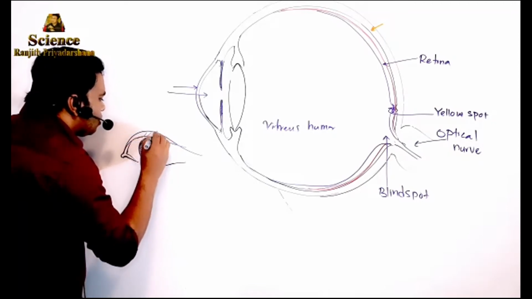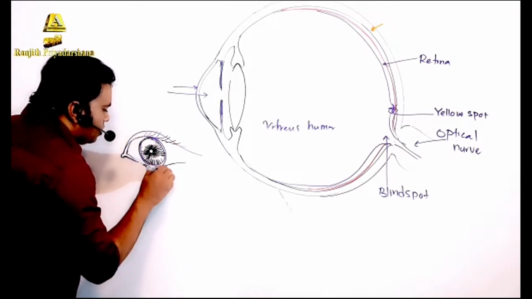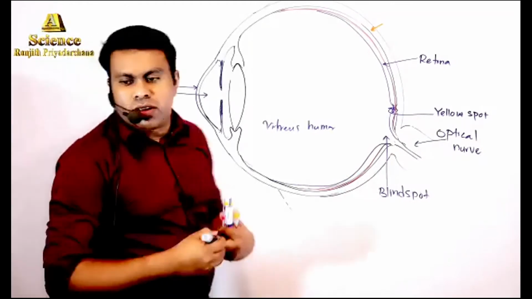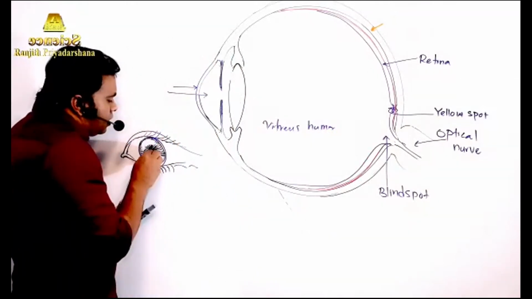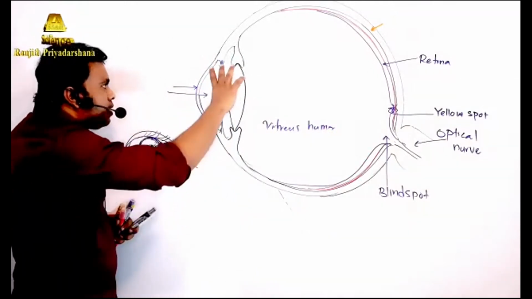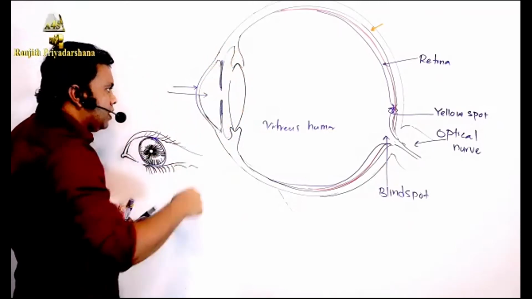Okay, so the eye is a nice structure, a sensory organ. The size of the pupil is controlled by the contraction of the smooth muscles of this iris.